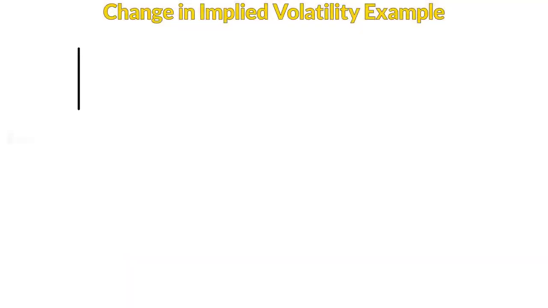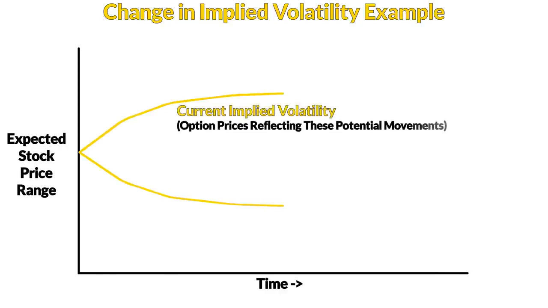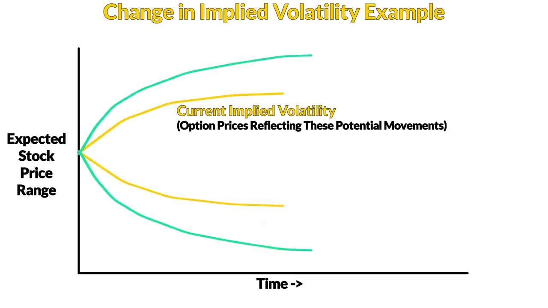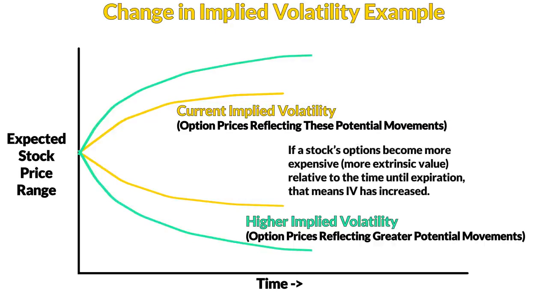And what I'm saying by a change in implied volatility is that if the market learned of some new news related to Visa and they expected significantly more stock price movements from Visa in the future or through the June expiration cycle, let's say that options traders started to buy up those options aggressively. And because of that increased demand, the option prices in Visa would increase, meaning the extrinsic value or time value would increase in Visa's options.